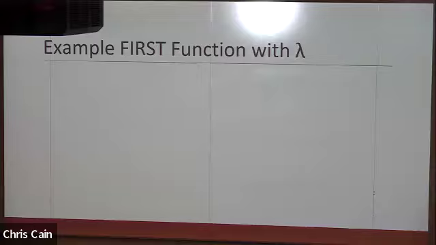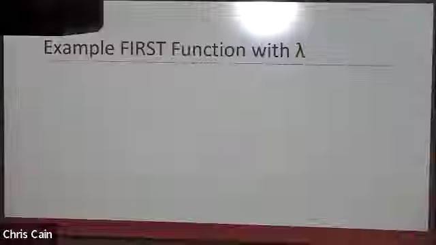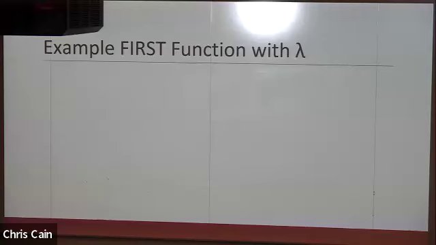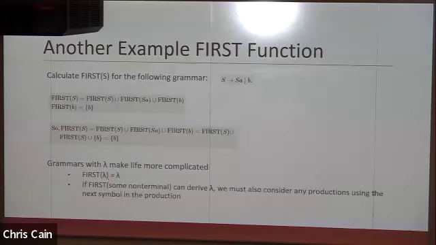So if it's first of S, then we look for every right-hand side production, S arrow something, and take off the first terminal of each of those productions. And if that goes to a non-terminal, then we have to expand it into however many ways that can go until you derive some terminals.